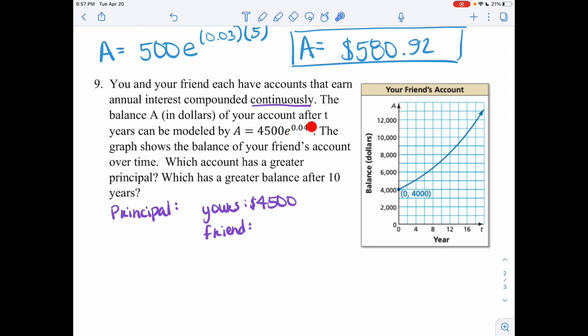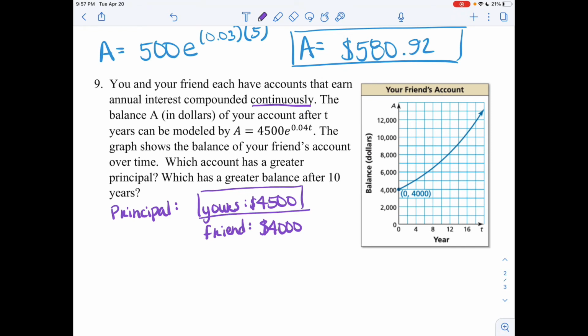So if T is 0, this entire part becomes a 1 and we have 4,500. Looking at the graph, we can look at a time of 0 and see what our principal amount is, and it's 4,000. So you start out with more principal, $4,500.